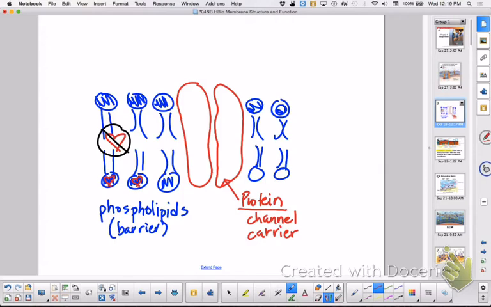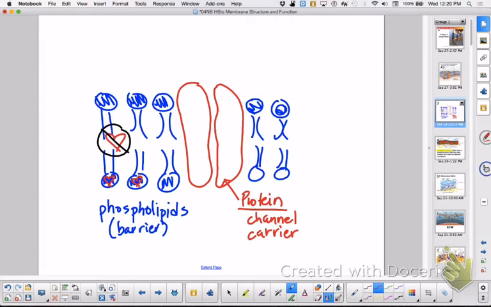Ready? A protein can be a channel, carrier, cell recognition, receptor, enzymatic, and junctions. Yes? That's how you cross through the phospholipid, right? Okay.